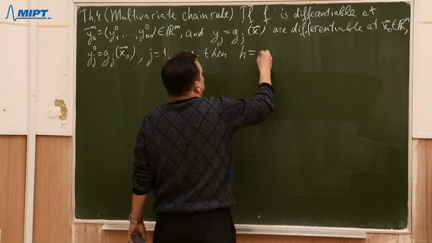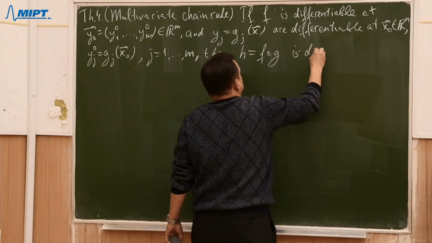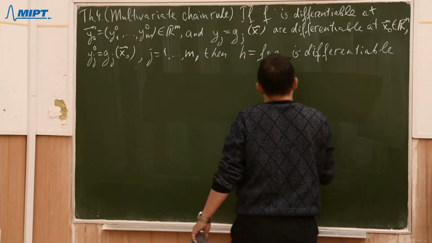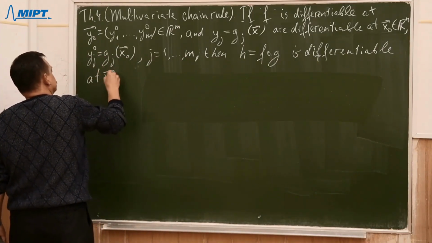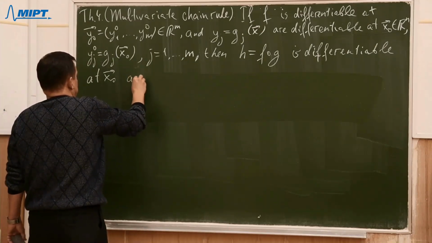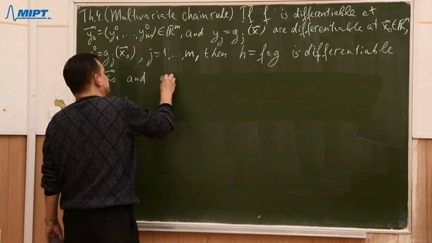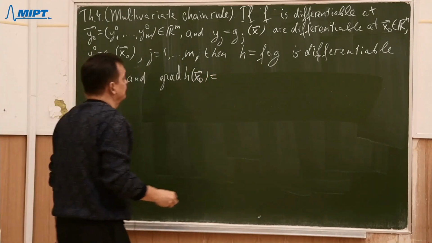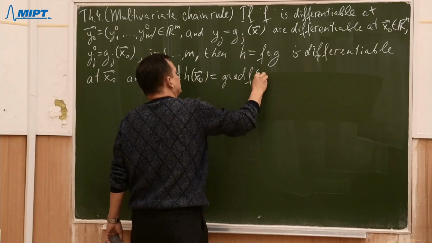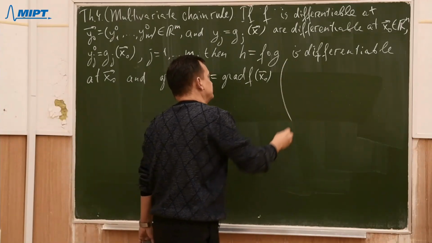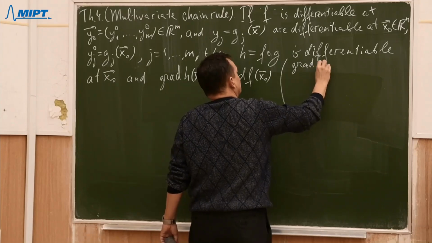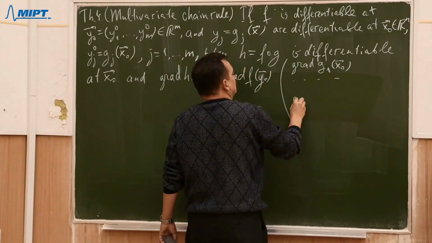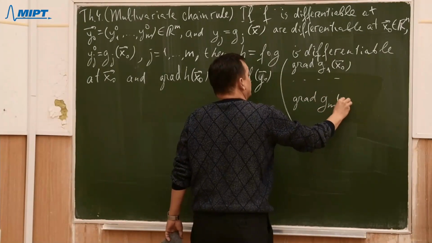Then the composition h, f of g, is differentiable at x naught, and the gradient of h at x naught can be represented as the gradient of f at y naught times the matrix which is formed by the gradients of gj's, from gradient g1 at x naught, so on, gradient gm at x naught.